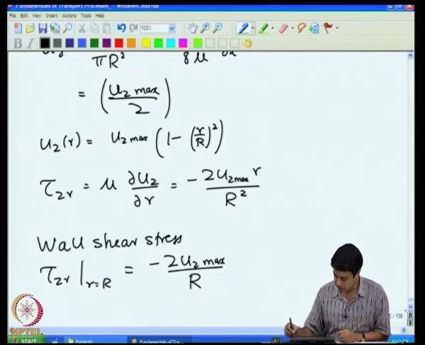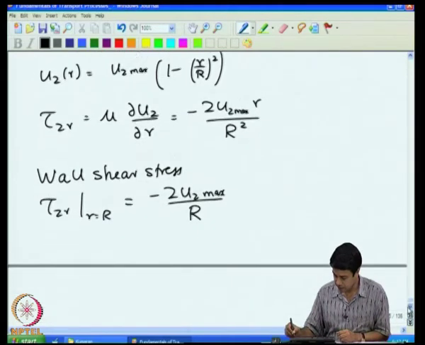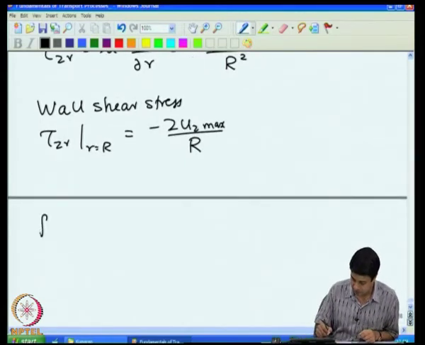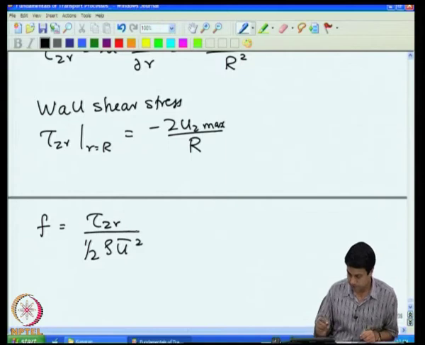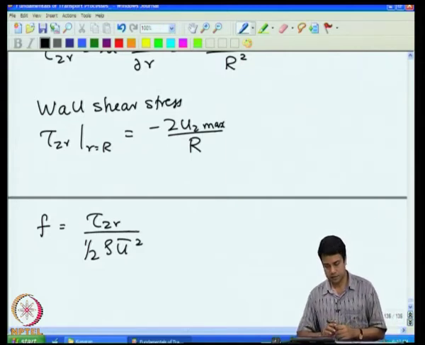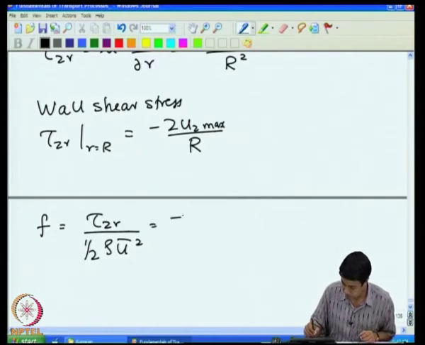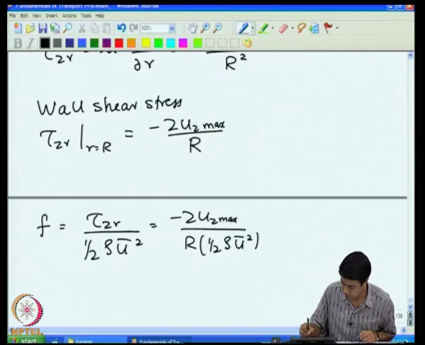And as we had discussed in the beginning when we did dimensionless numbers, the friction factor f is defined as the wall shear stress by half rho u bar square. So, this is equal to minus 2 mu u z max by R into half rho u bar square.